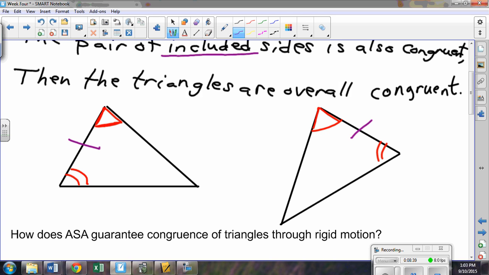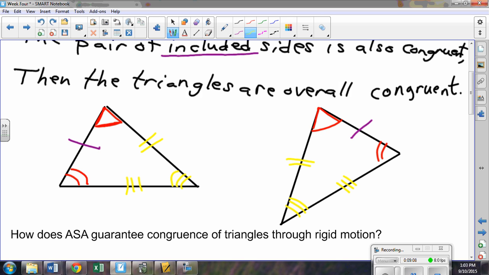If somehow we knew that those 3 pairs of corresponding parts were the same, we get all the rest of it for free. Having these 3 pieces gives us for free that these sides are the same, and those ones, and this angle. All this stuff in yellow we get for free just by knowing those 3 pairs.